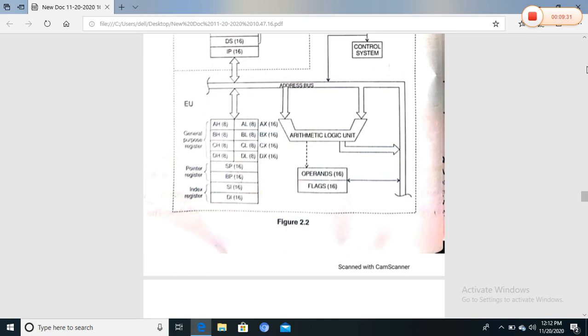Explain the general purpose registers, pointer registers and index registers, which form the register organization. Separately one question is asked: explain the register organization of 8086.